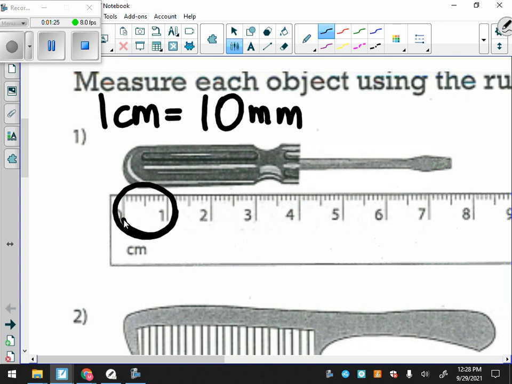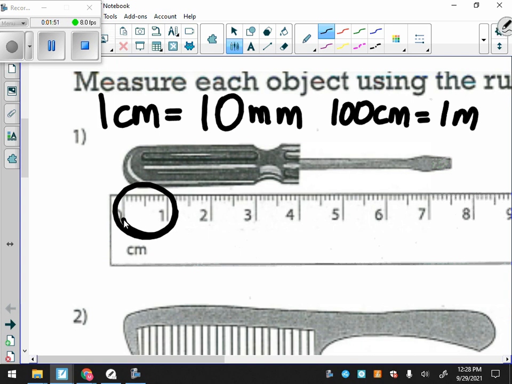Let's go. How many centimeters are in a meter? Centimeters in a meter, Jay. 100. Write it down. So that means a centimeter is how many times bigger or smaller than a meter?